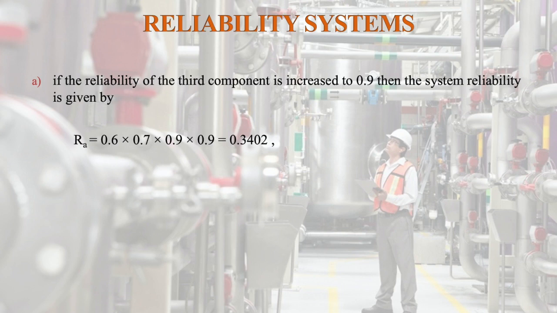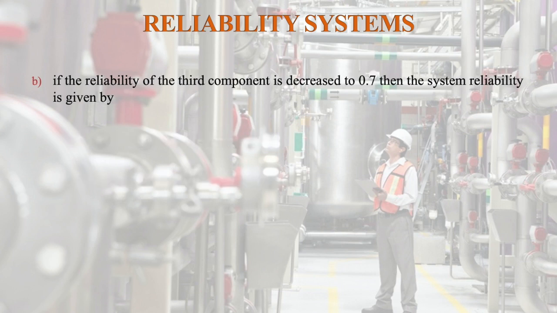So the reliability of the system is increased by increasing one component's reliability. So that is, overall reliability increased by 0.0378.